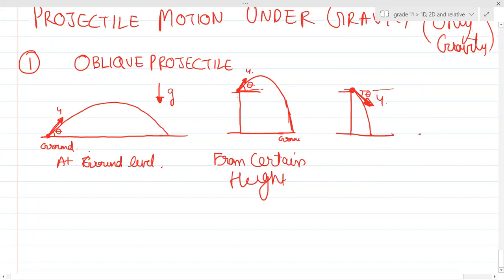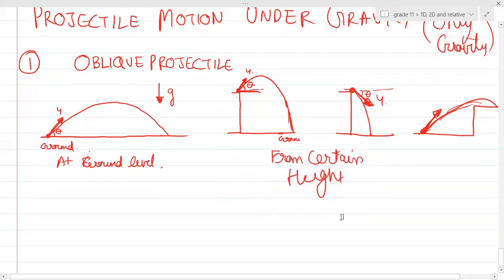One more is, I can throw it from a certain depression, like this. So there are various types of projectile motion. This type of projectile is called oblique projectile. Why is it called oblique projectile? Because in every case I have thrown the object at a certain angle with the horizontal. I have thrown it obliquely.